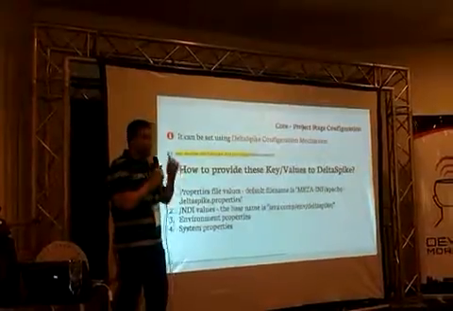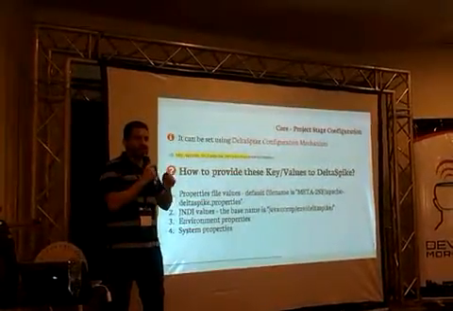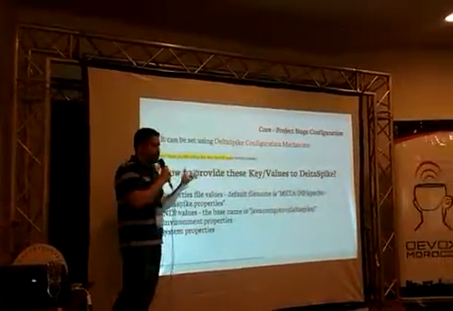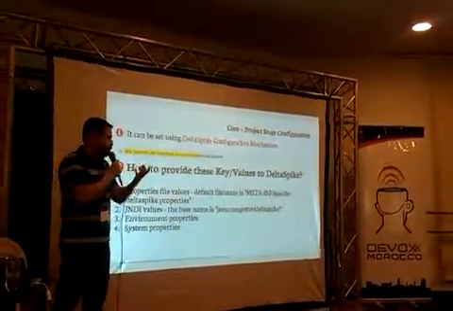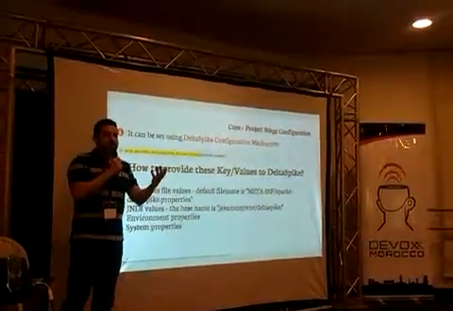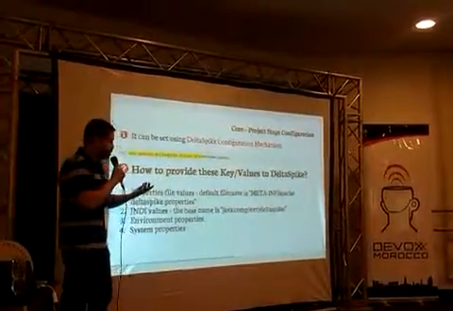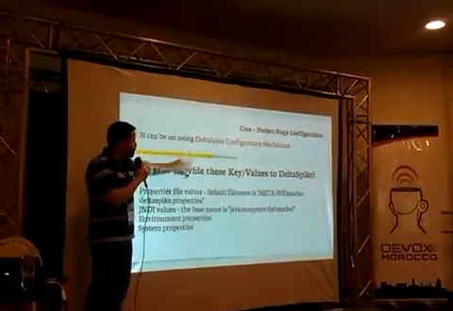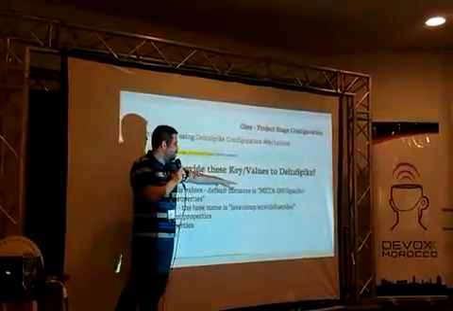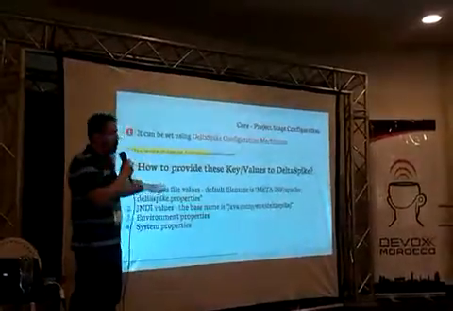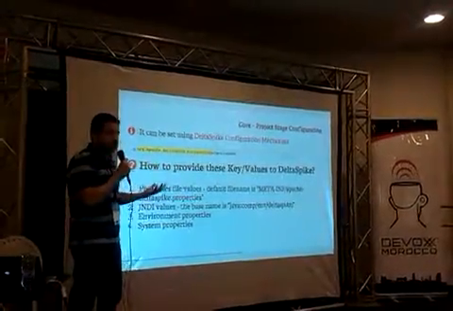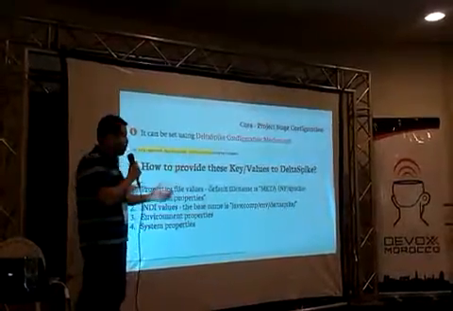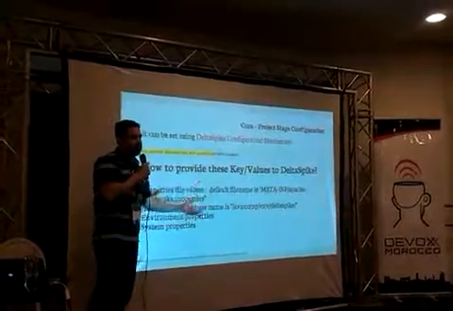But here is another feature of DeltaSpike, because DeltaSpike allows you to get configuration from different config sources. Initially, you can get these key values from the META-INF/apache-deltaspike.properties file per default. But of course, you can extend DeltaSpike to provide your own file for your application.